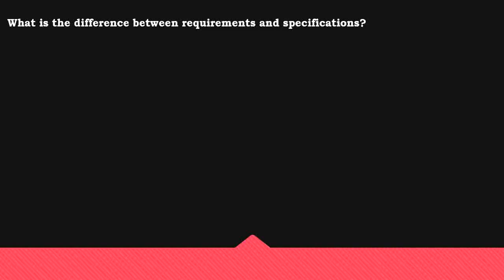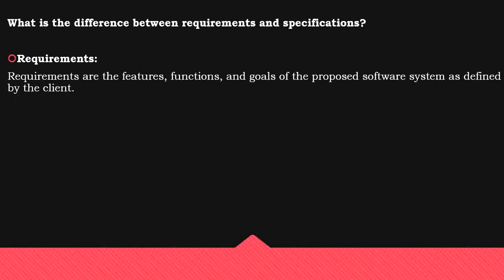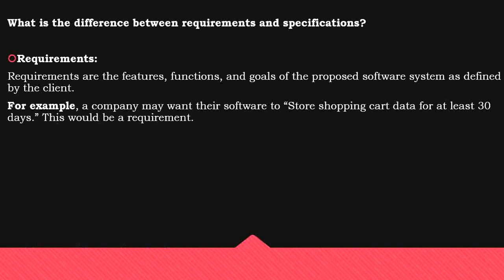Next is, what is the difference between requirement and specification? Requirements are the features, functions, and goals of the proposed software system as defined by the client. For example, a company may want their software to store shopping cart data for at least 30 days. This would be a requirement.